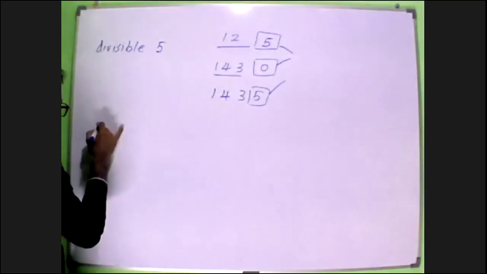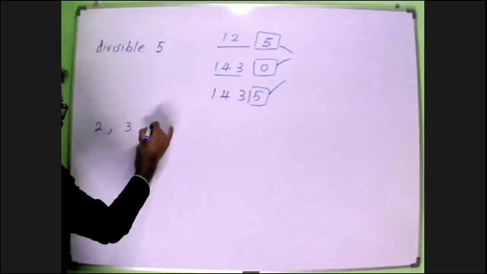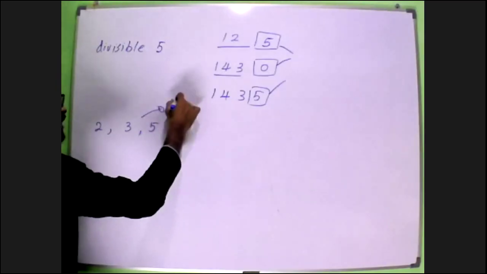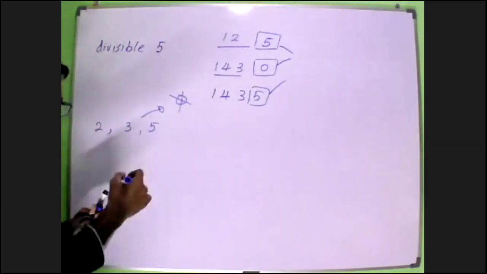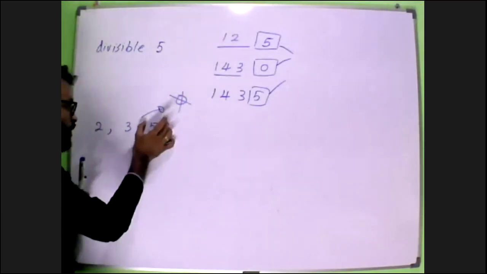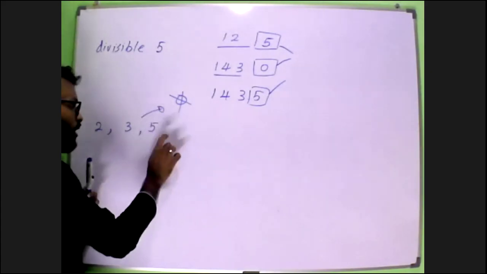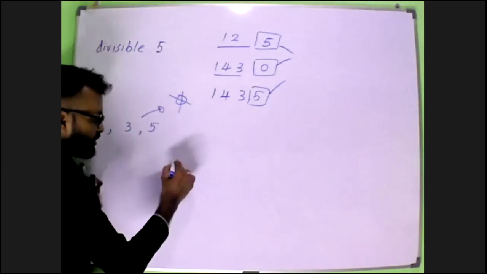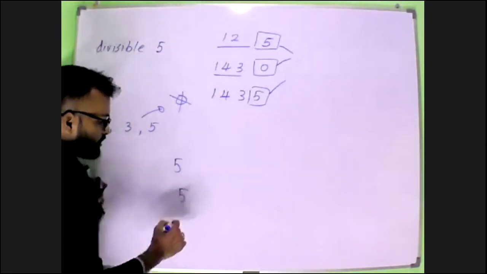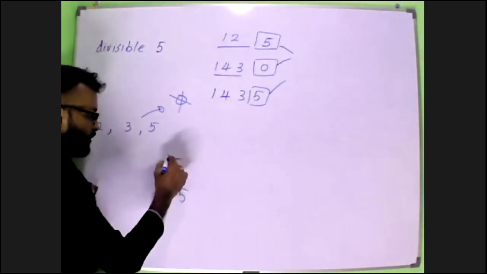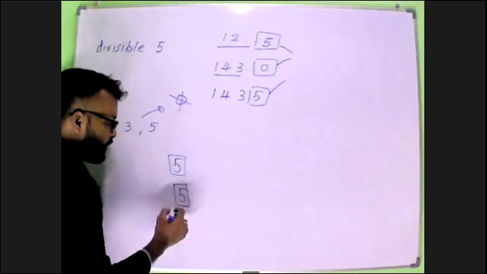So by using 2, 3 and 5, there is no zero card there. So you have to have only 5 at the last, as the last number, which can be divisible by 5.